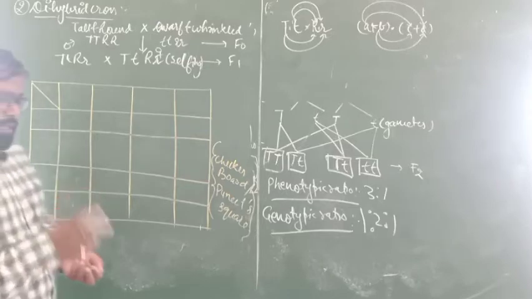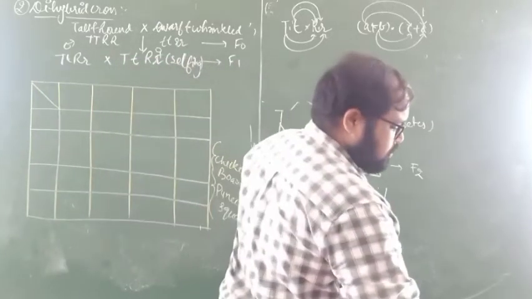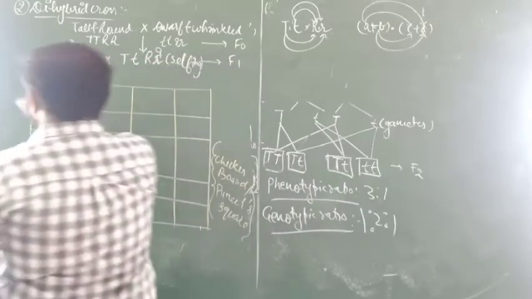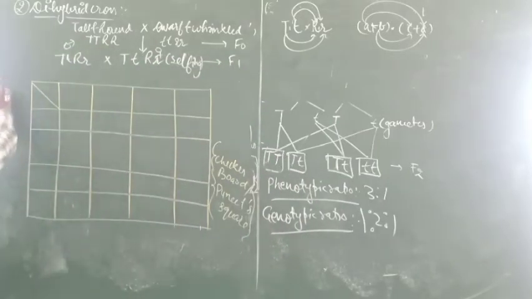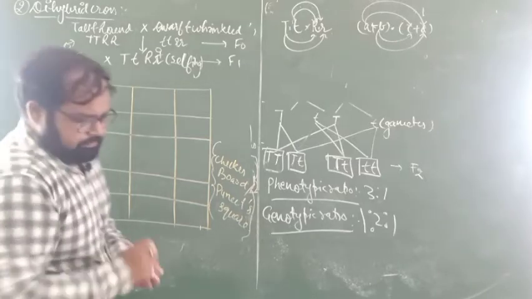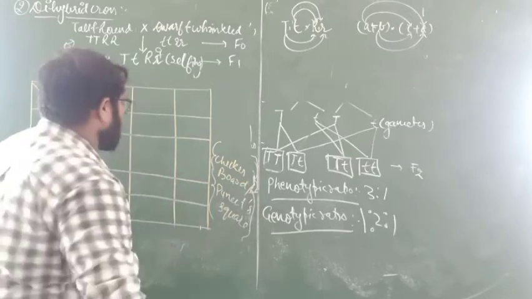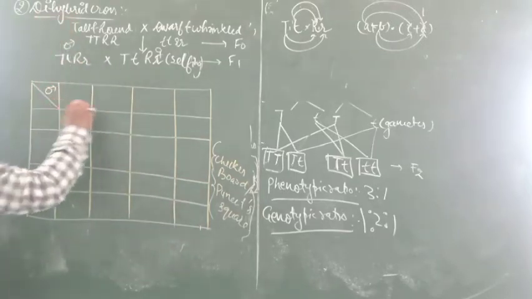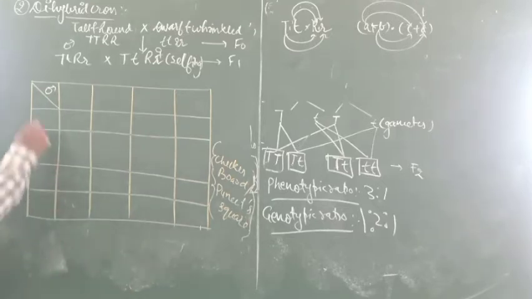So here we will write one thing, just listen. Suppose that here is the male, that is, here we will write the male gamete, and here we will write the female gamete.